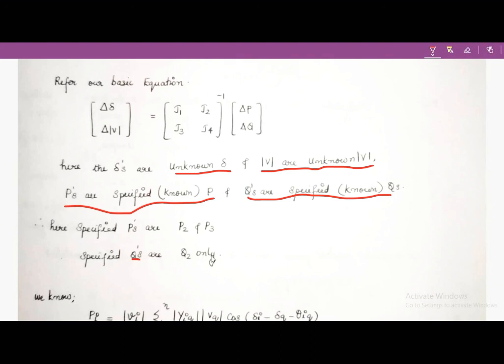Q2. Is Q3 specified? No, instead a reactive power limit is given there. Reactive power is not specified. So the reactive power is specified only for bus number 2. So what are our known values? P2, P3 and Q2.